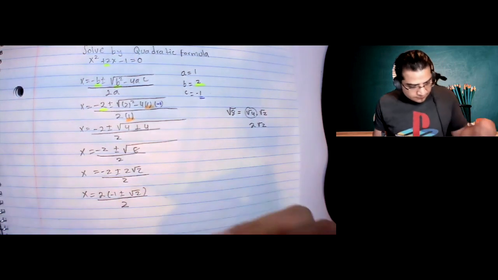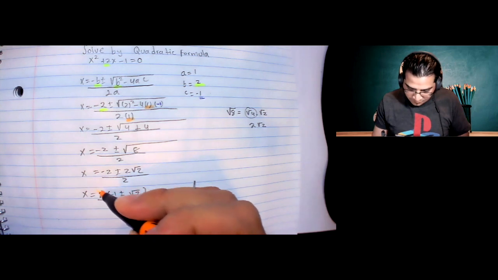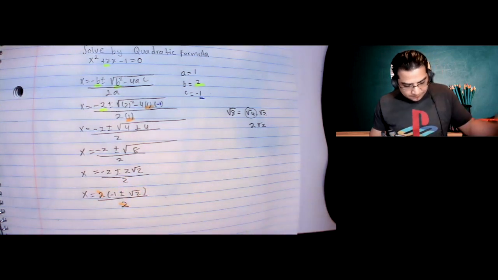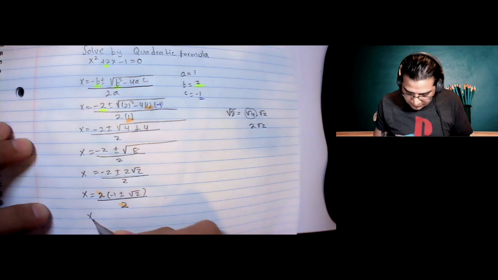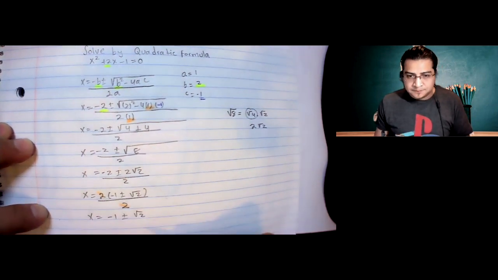This divides out, it cancels out. Then I get x equals -1 plus or minus the square root of 2.